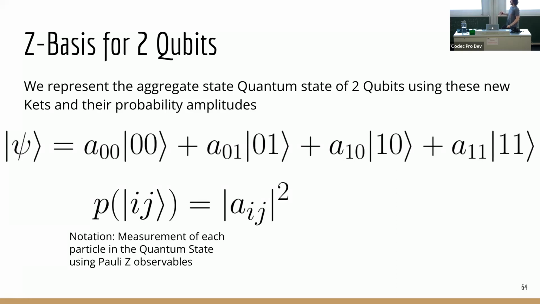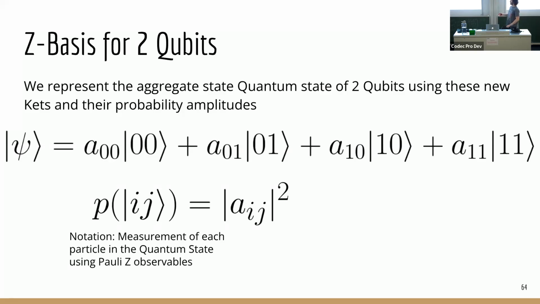So we can represent this aggregate quantum state of 2 qubits using these 2-digit kets that we've just introduced and their corresponding probability amplitudes. So for psi here, which is now representing 2 qubits, we can treat it as this following sum, where each probability amplitude, for example A00, will be scaling our ket of 0, 0, and so on.